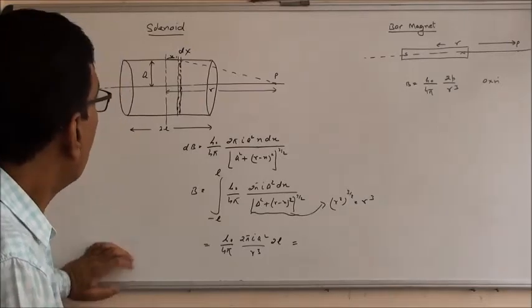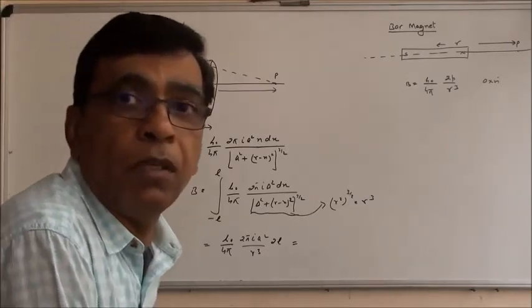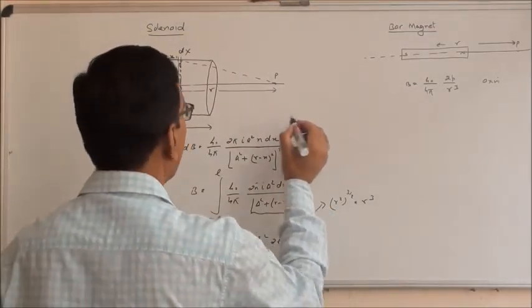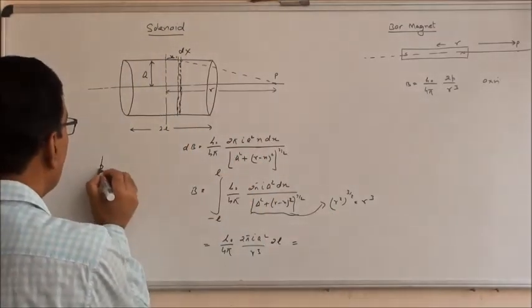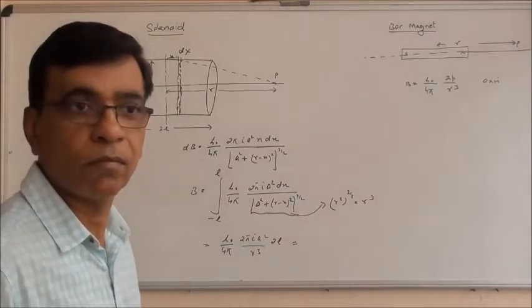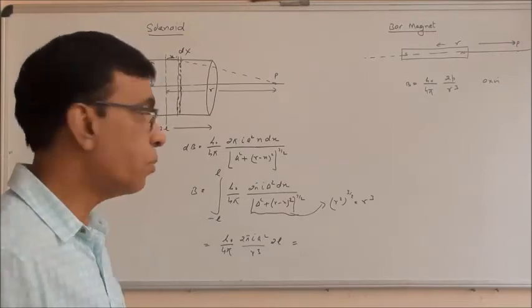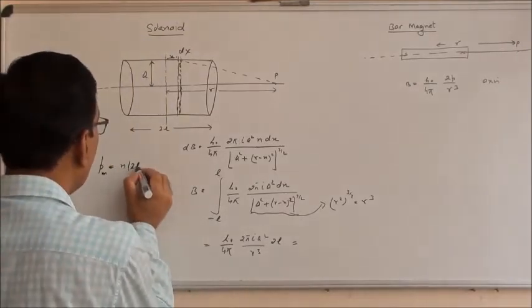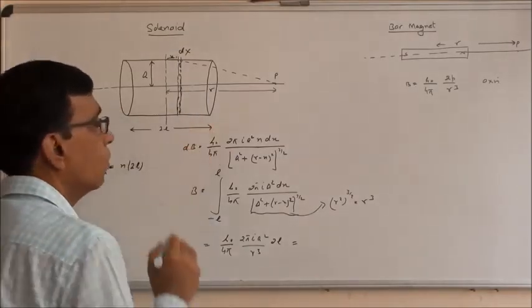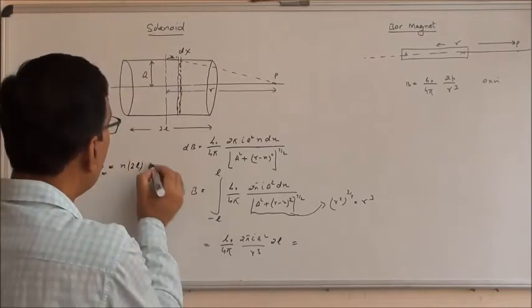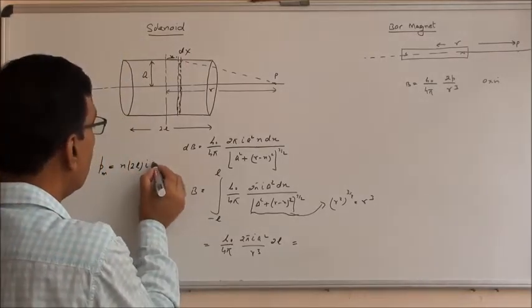Okay, now what is the magnetic dipole moment for this solenoid? Let us come to that. Magnetic dipole moment for a solenoid is NIA. n is the number of turns per unit length, and the total length is 2L, so the total number of turns is n into 2L, times I, and A is pi a square.